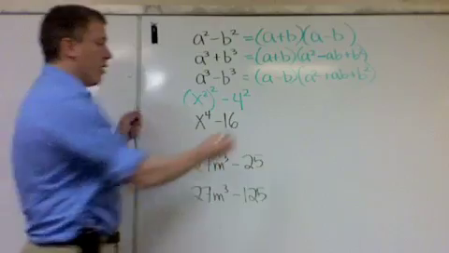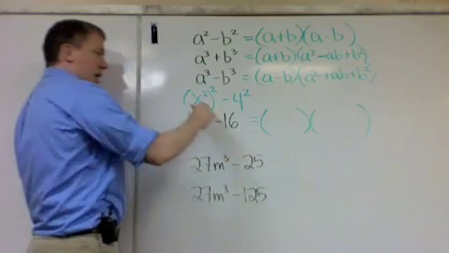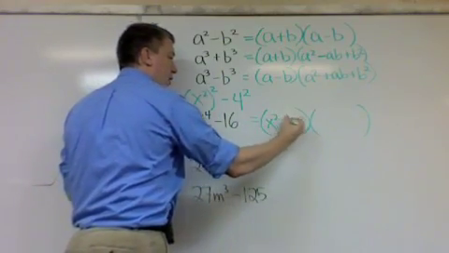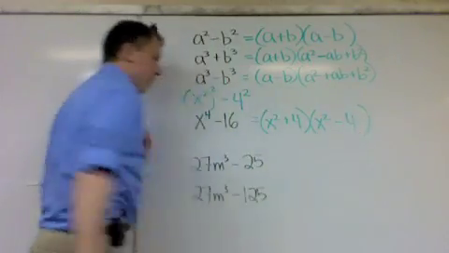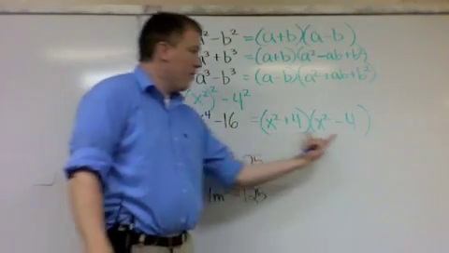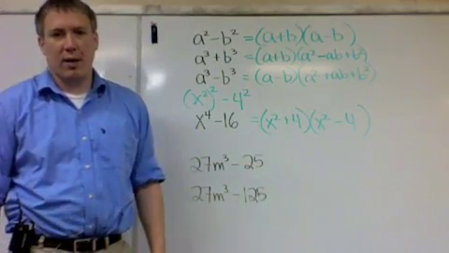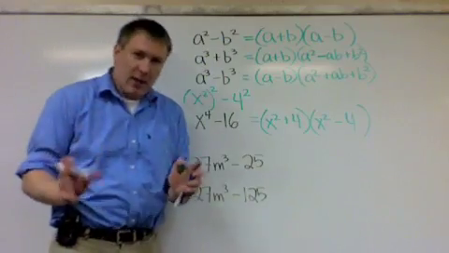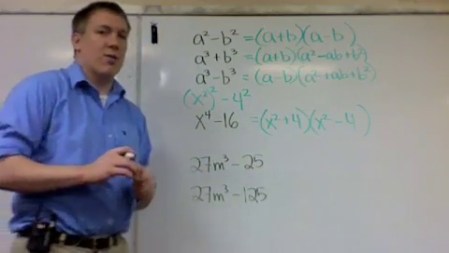So if I follow this pattern, a plus b, a minus b, it just is x squared plus 4 and x squared minus 4. In other words, I take the square root of both of these, I put them in both of the parentheses, and then I just change the sign that's between them. So that is the basic idea of factoring when it comes to the difference of two squares.